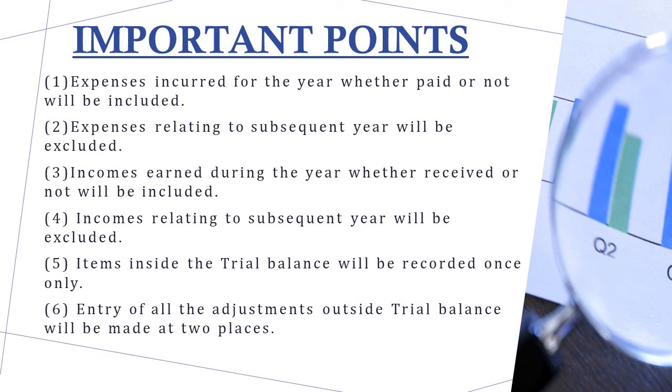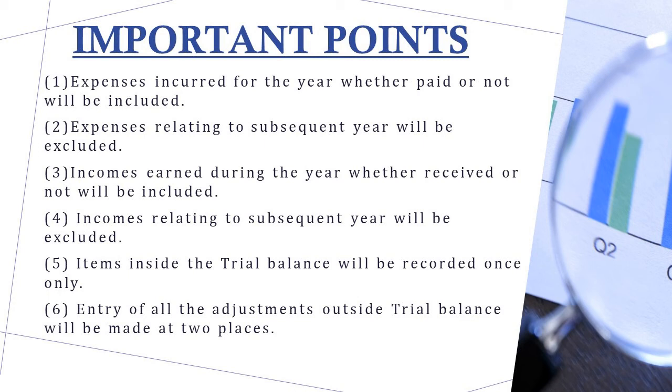So first is expenses incurred for the year, whether paid or not, will be included, and expenses relating to subsequent years will be excluded. Then incomes earned during the year, whether received or not, will be included, and incomes relating to subsequent years will be excluded.